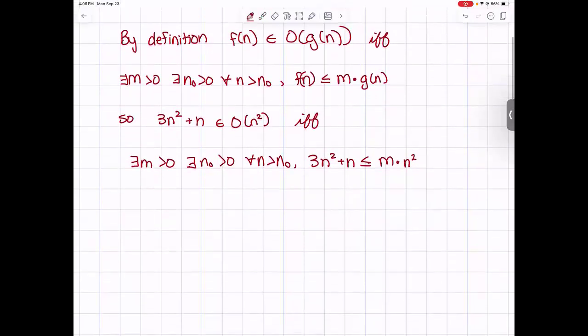So I'm going to pick an n naught value, and I'm going to write this in not red since it's not part of the official proof, such that n is always going to be less than or equal to n squared.